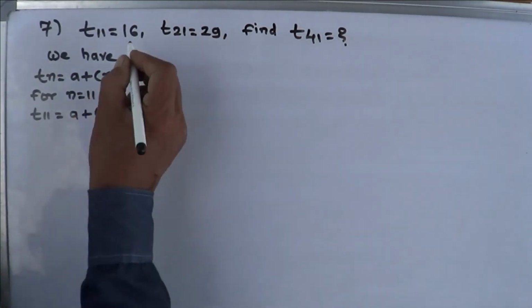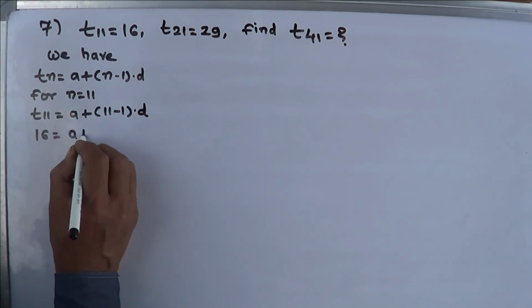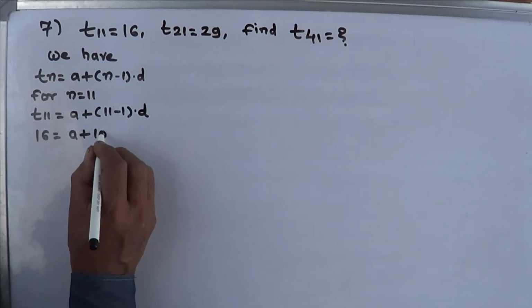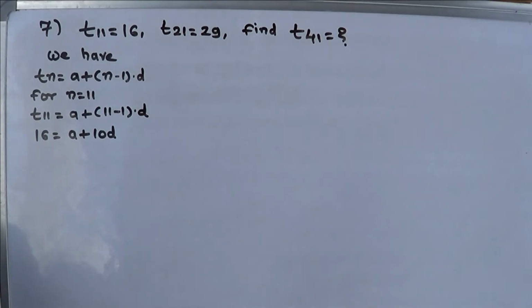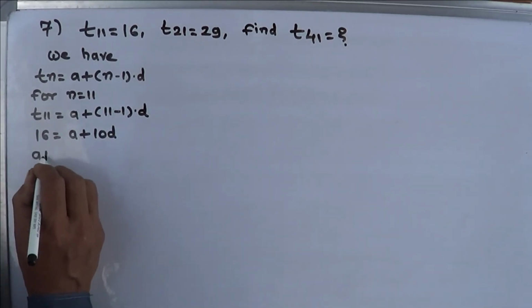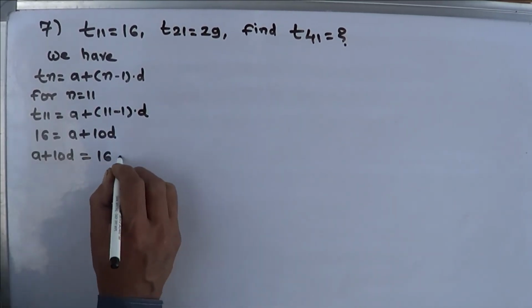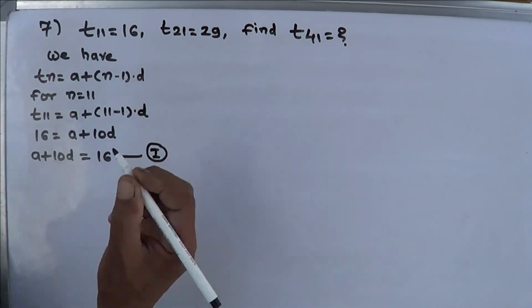T11 we know that is 16. So 16 is equal to a plus 11 minus 1, that is 10d. So we get a plus 10d equal to 16.